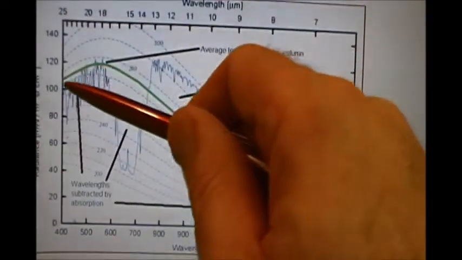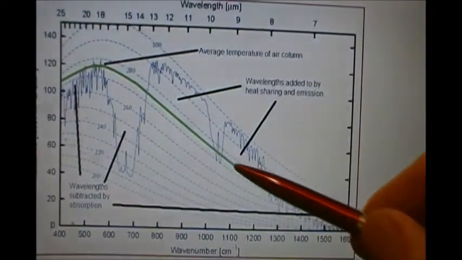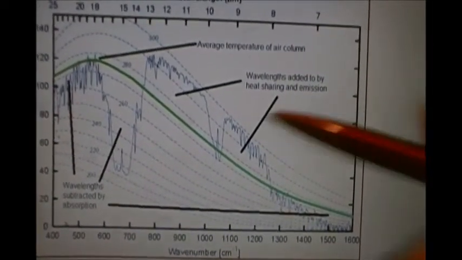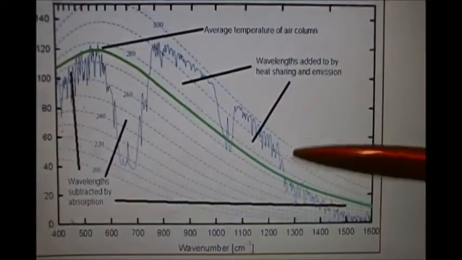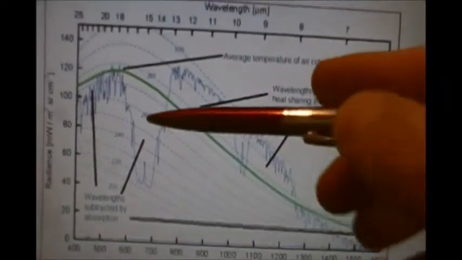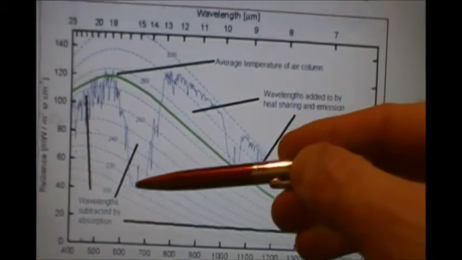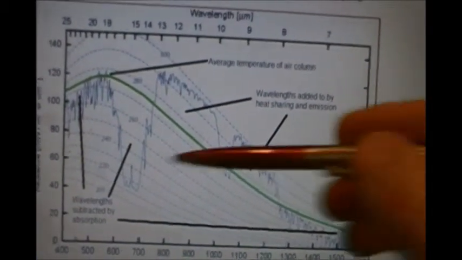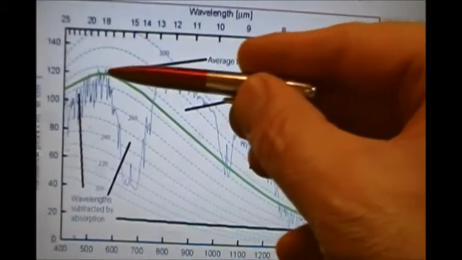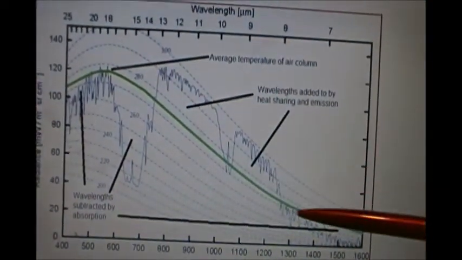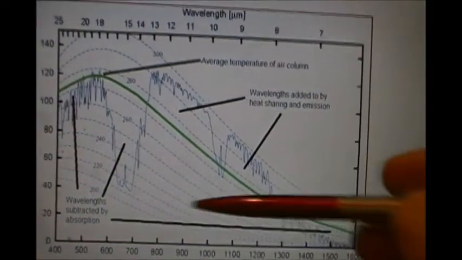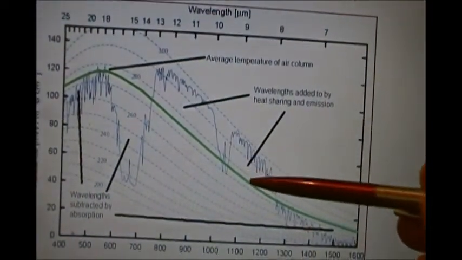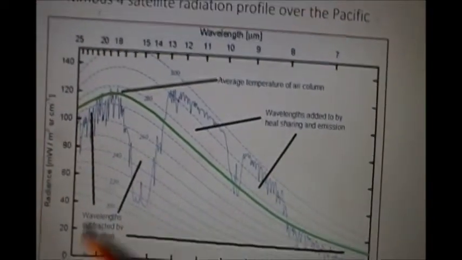So that's the sum of all of the radiation that's come up off the Earth to reach this satellite, the green line. And what you then see is that, yeah, there are some deficits in the 15 area, but there are some surpluses in the other ones. If this is the total energy coming up off the Earth and reaching the satellite, some wavelengths are depleted, other ones show surplus. And that's really what's happening.